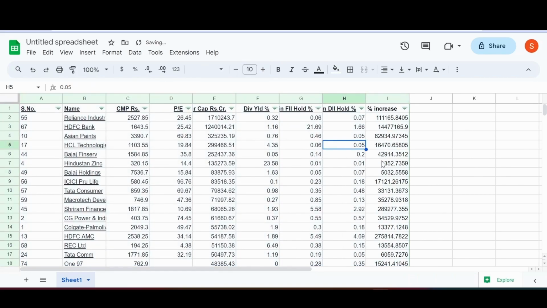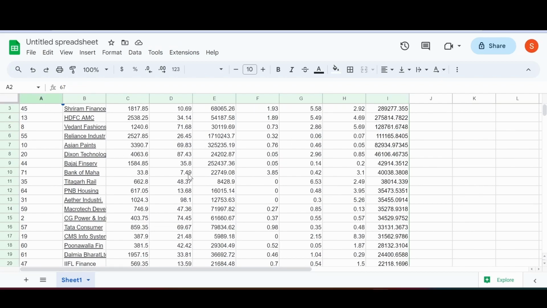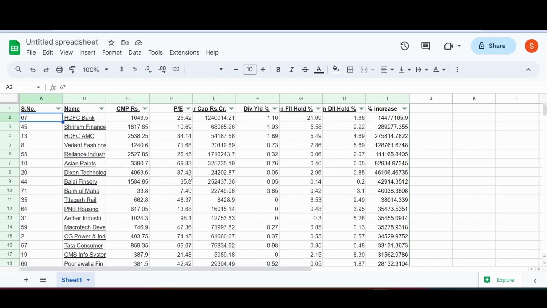Now we are going to sort in descending order. If we click on sort by descending order, we already get the top stocks that FIIs and DIIs are interested in. Once sorted in descending order, we already have the DIIs and FIIs with the highest stake in these stocks. We need to do one more filter here.